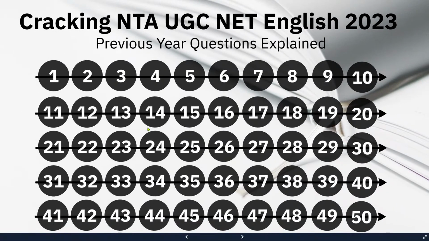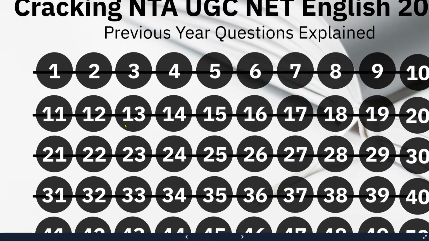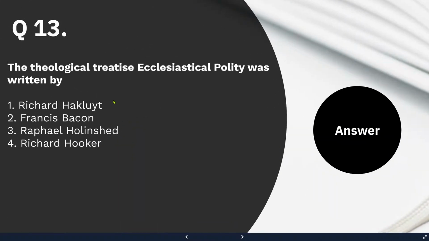So here comes question number 13, and it is asking: the theological treatise Ecclesiastical Polity was written by who? If you know the answer, you can write it in the comments.